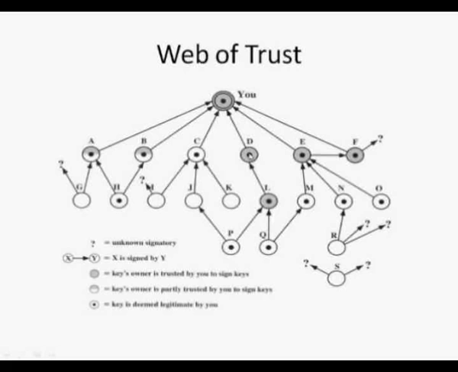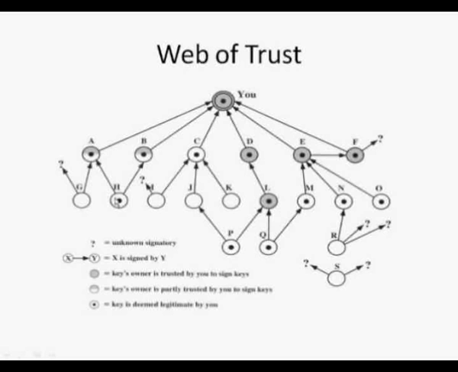The users D, E, F and L are trusted by you, and D, E, F and L can sign keys on behalf of you, and hence the keys M, N, O, P, Q, which are signed by my trusted introducers, are also legitimate.